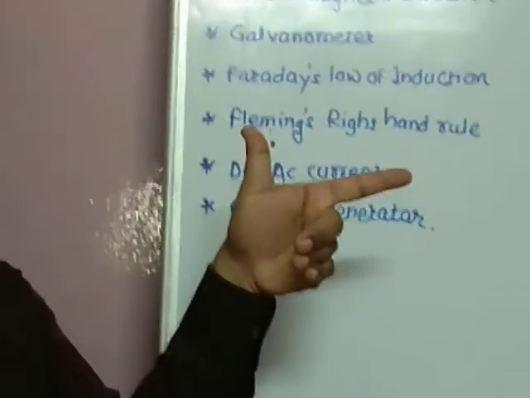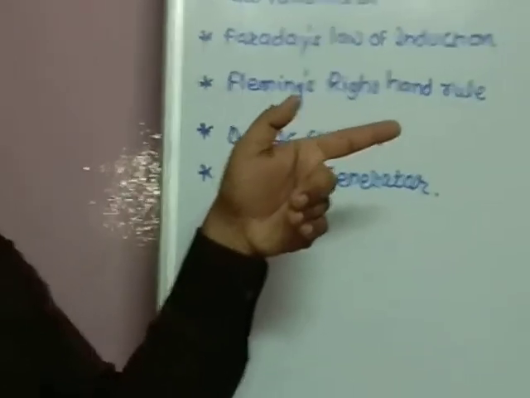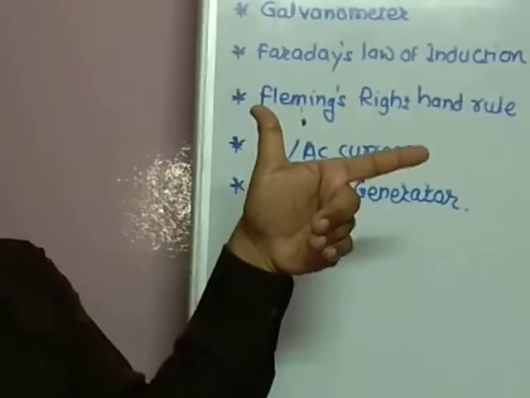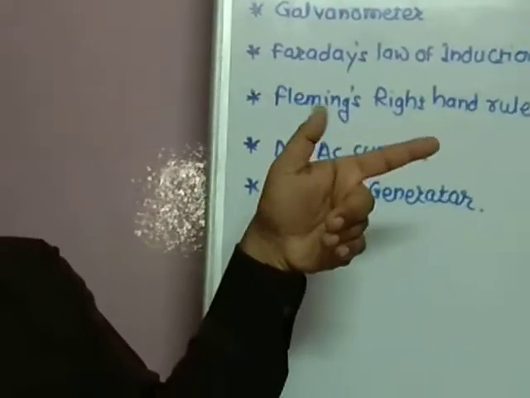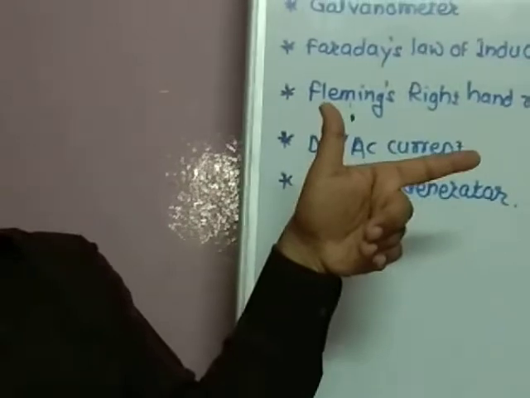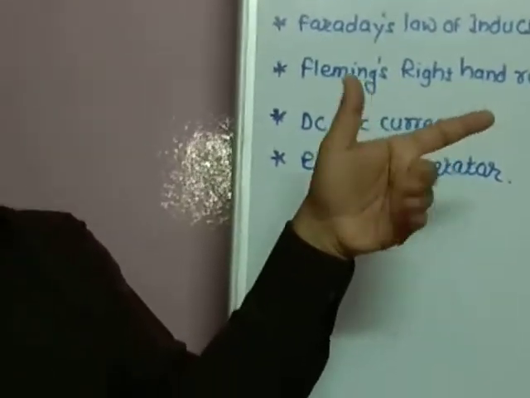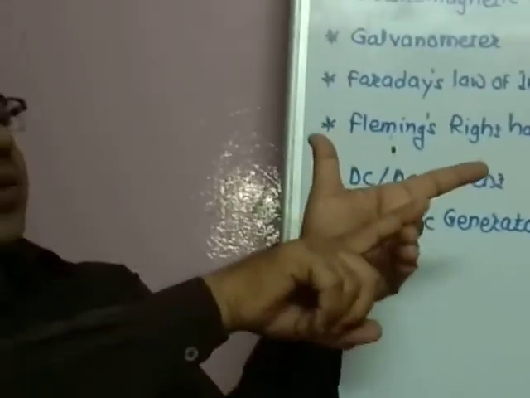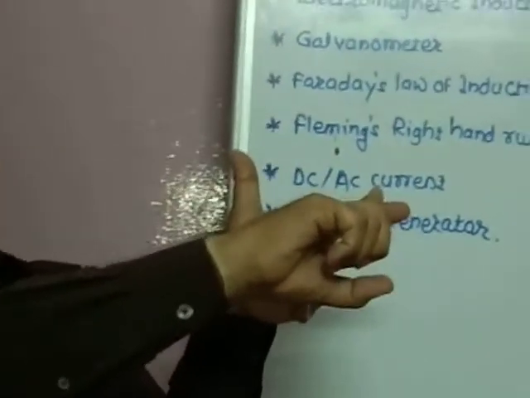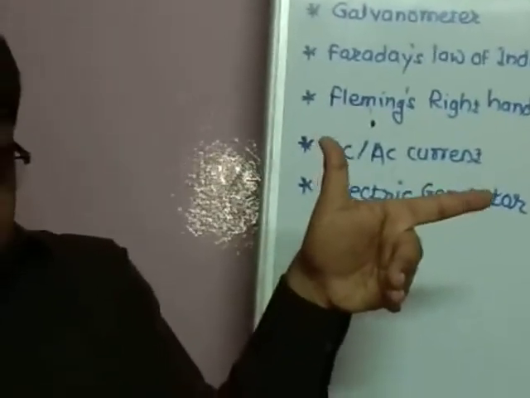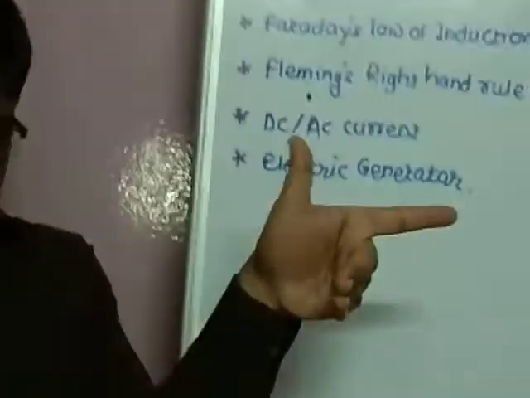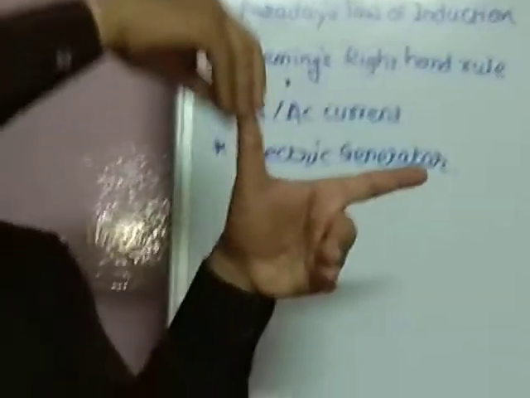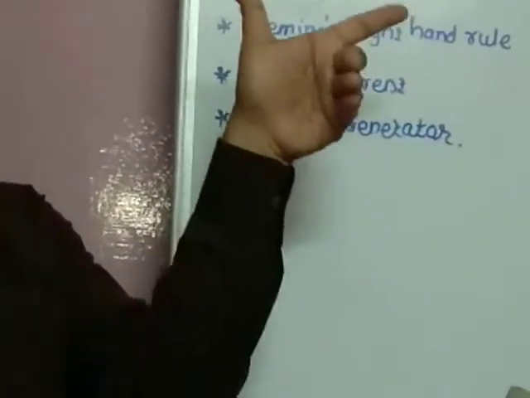The index finger is the direction of the magnetic field, and the middle finger is the direction of the current. Then the direction of the thumb is the direction of the force on the conductor. That means this is the force on the conductor. This is Fleming's left hand rule.